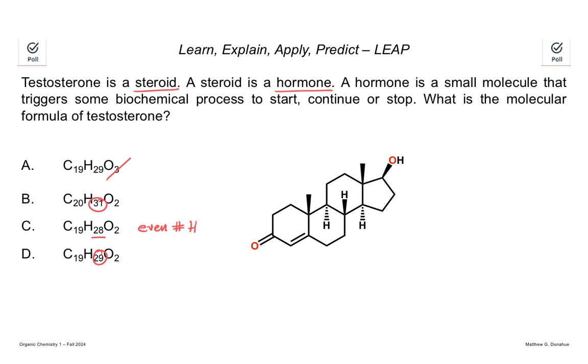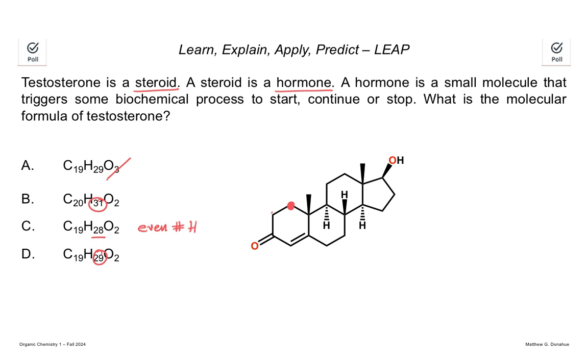And when you're counting, you can do this many different ways. I'll just draw some dots. But I want to follow the carbon backbone in a specific way. I don't want to hop back and forth from left to right. I'm just going to walk the backbone.